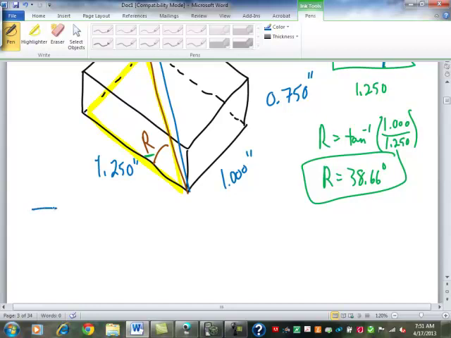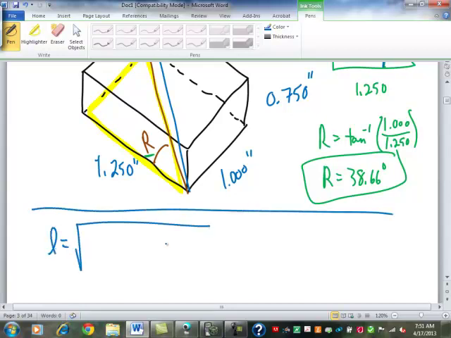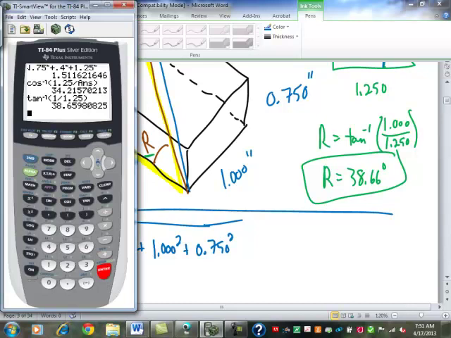Yep. Next, we're going to find that length of cut, which will be what? Yep, start squaring them all. Square root of 1.25 squared plus 1 squared plus 0.75 squared. Oops, that's not what I wanted.